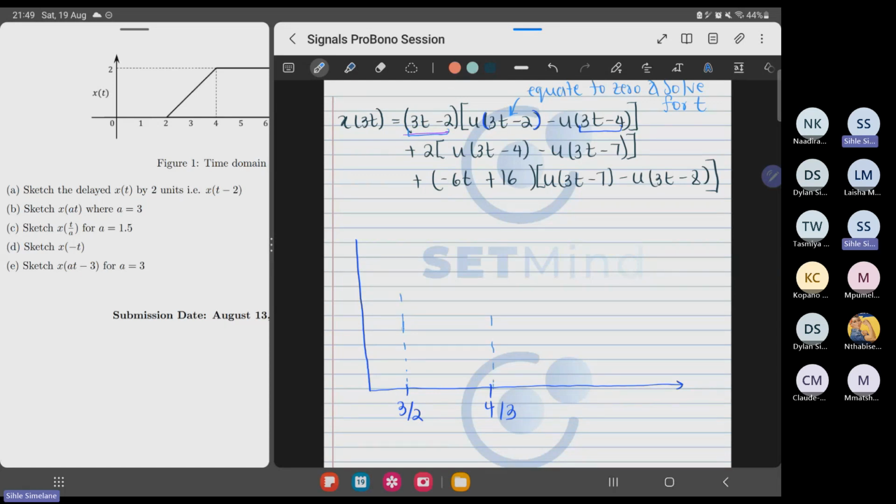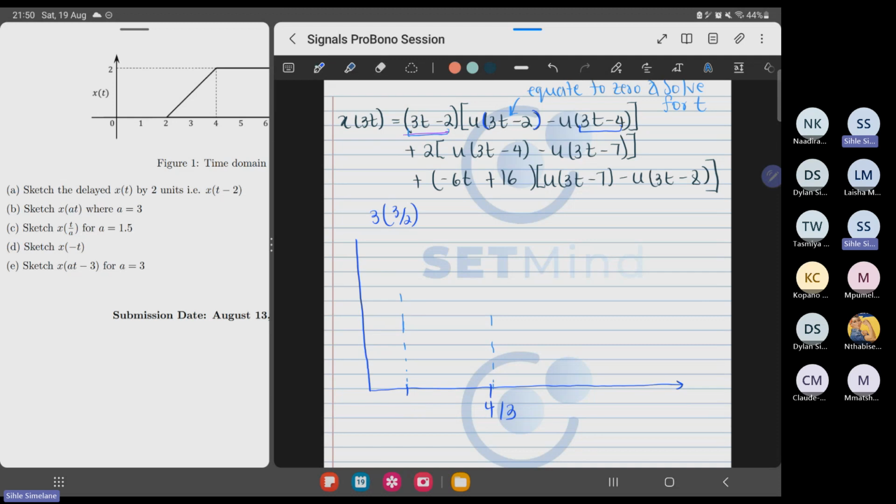Okay, so we can now start looking for the value of the function. The easiest thing which I suggest is you just substitute the boundaries. So you substitute the lower boundary, which is 3 over 2. No, it's not. It's actually 2 over 3.